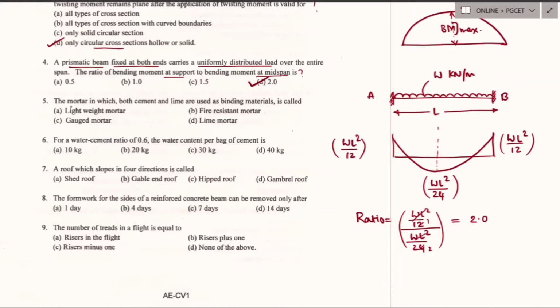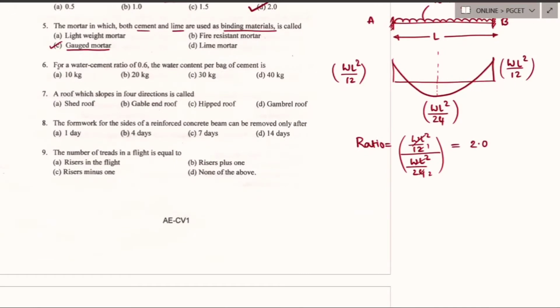Question number 5. The mortar in which both cement and lime are used as binding material is called gauge mortar. Gauge mortar is also called lime cement mortar, where the principal constituents are cement and lime. So option C is the right answer. Question number 6. For a water cement ratio of 0.6, the water content per bag of the cement is.